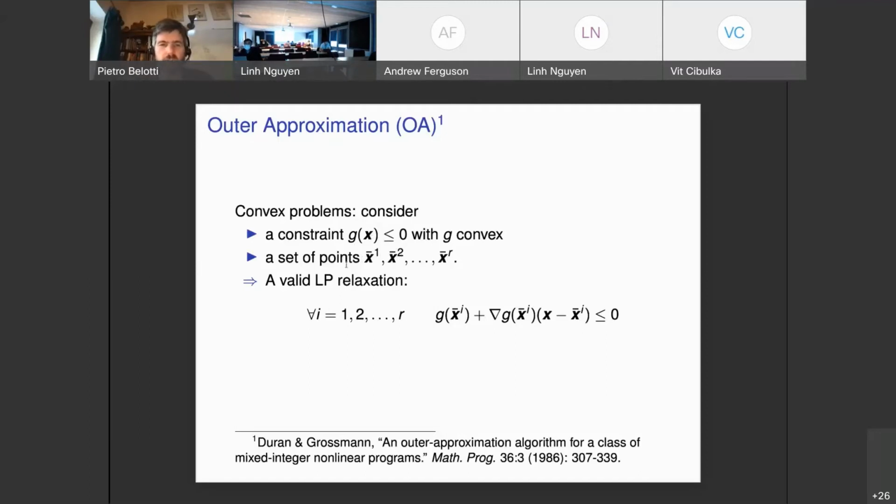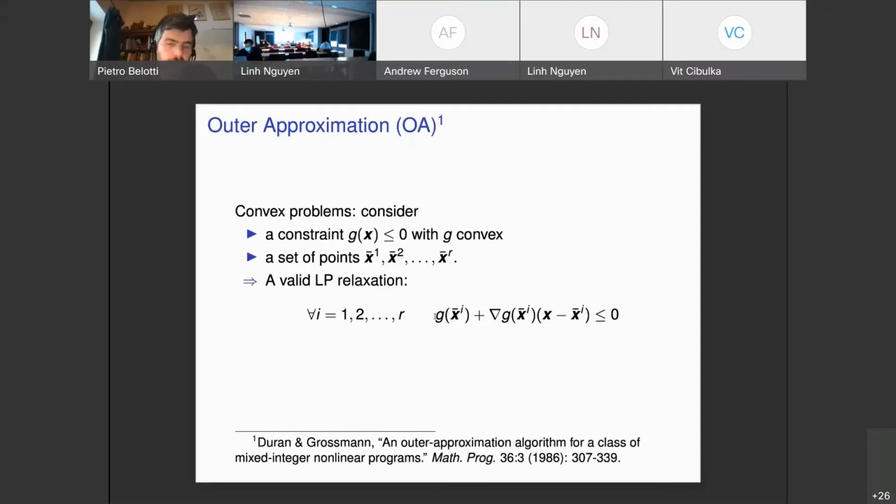We don't really care whether they do. Then a valid LP relaxation, that is, a relaxation of the set of points satisfying this constraint, is going to be a set of points that satisfies constraints defined by the Taylor series approximation of the function g less than or equal to 0.